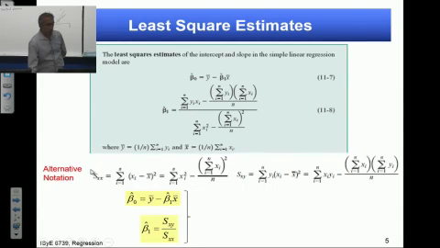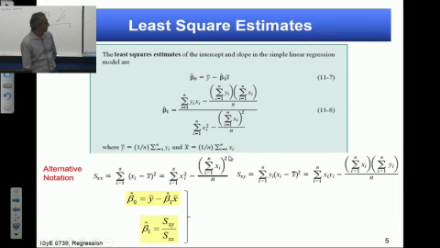So what we can do, there is an alternative notation which makes it a little bit simpler. We define S sub xx, which is summation of xi minus x bar squared. That's easy to calculate. We call S sub xy, which is summation of xi yi minus this guy. This is also easy to calculate.